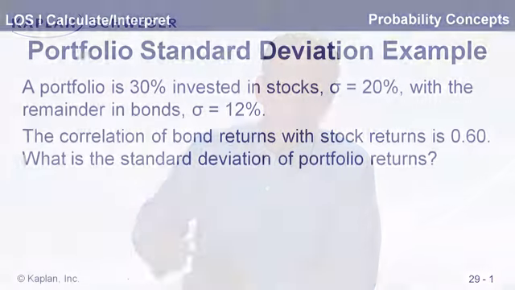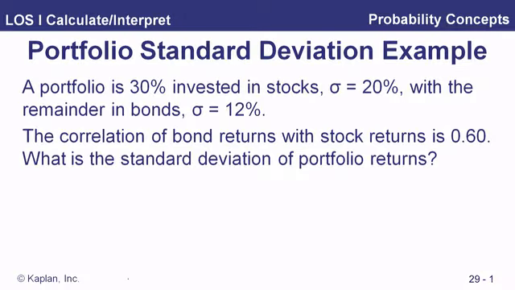So let's take a look at the calculation here. We've got a portfolio that's 30% invested in stocks. That's WS, I guess, or WA. And standard deviation, 20%. And the remainder is in bonds, so that's 70% in bonds. And our standard deviation there is 12%.